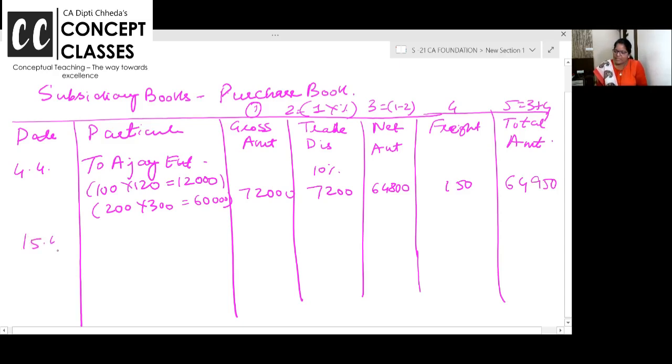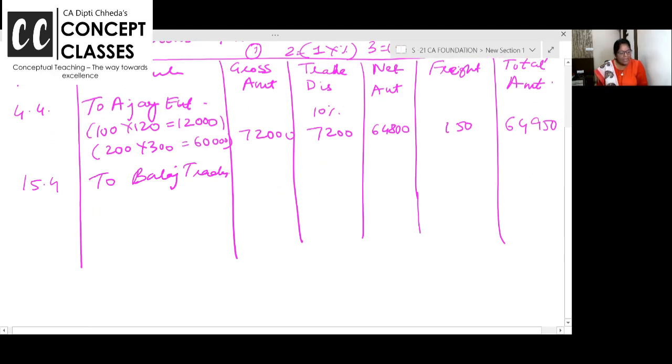Now 15th of April, we purchased from Balaji Traders. From Balaji Traders, we have purchased how much? 50 dozens at 400, 20,000. 100 into 140, 14,000.